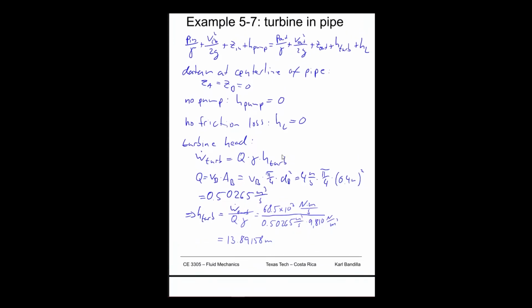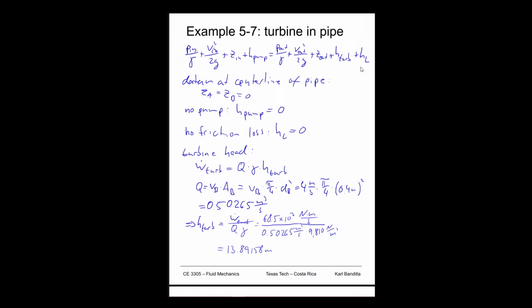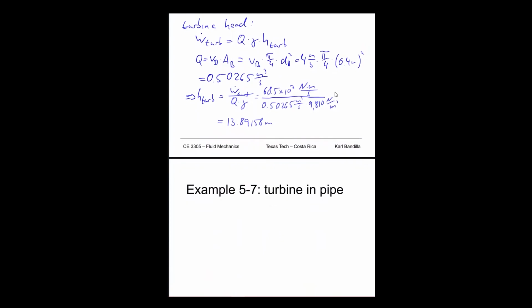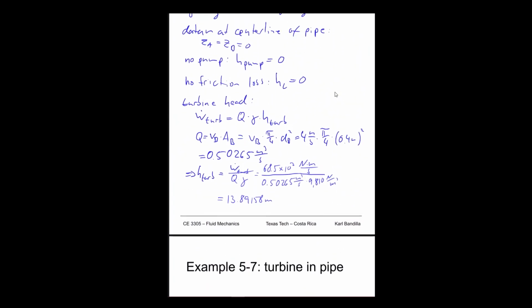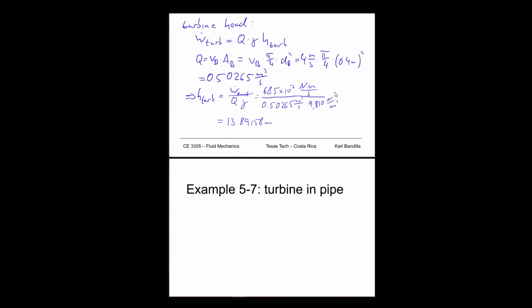All right, so then we can go back to our energy equation and put all our things in, and then solve it for our outlet pressure, PA we're looking for. So we had that P in, so that'd be PB in our case, divided by gamma, plus VB squared over 2G.